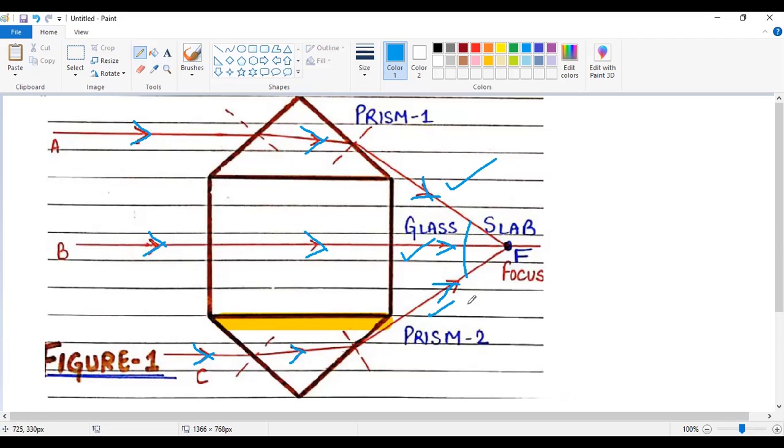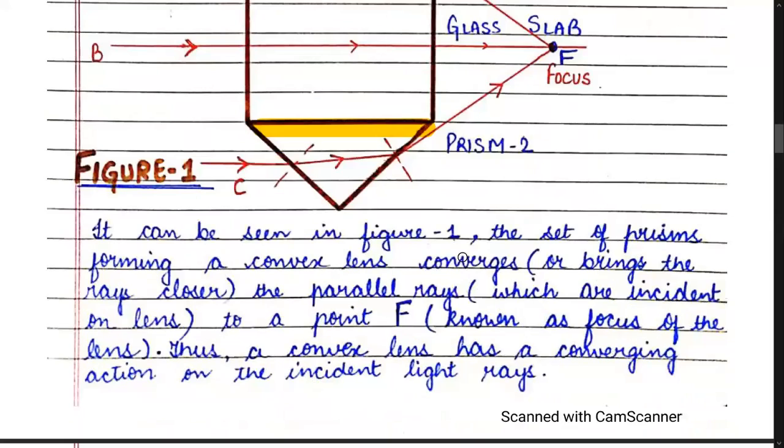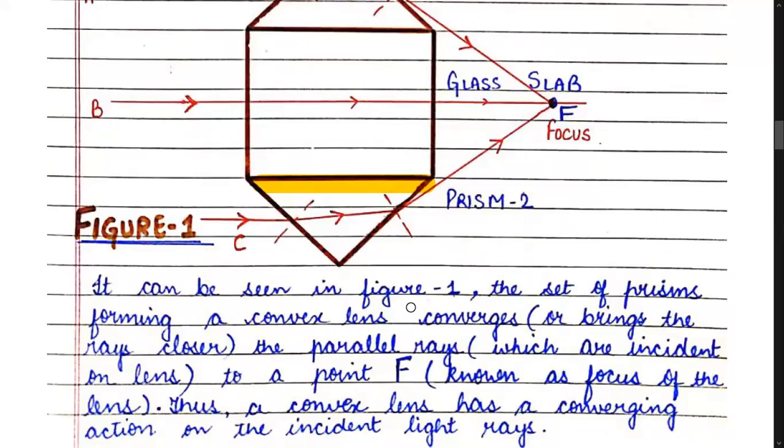So this action of the lens is known as converging action, which means that the convex lens acts as a converging lens. So students, it can be seen in figure number 1, the set of prisms forming a convex lens converges or brings the rays closer.